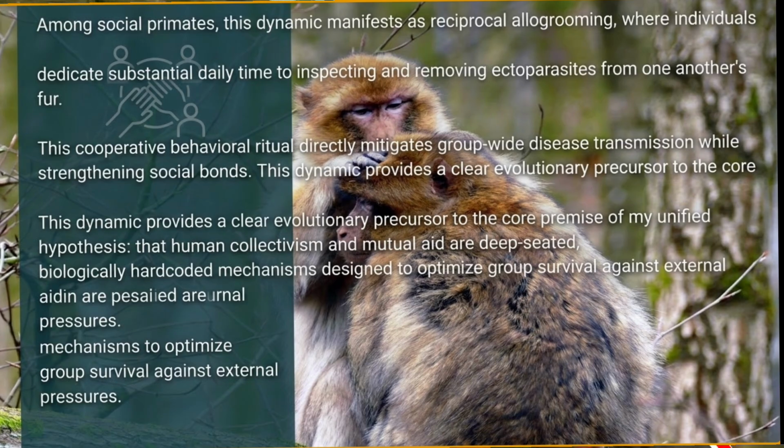For ectothermic taxa, such as lizards, amphibians, and insects, which lack the internal metabolic machinery to generate an endogenous pyrogenic fever, behavioral thermoregulation serves as the primary mechanism to combat systemic infection.